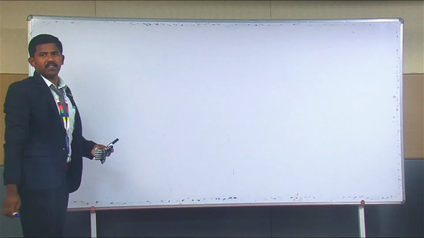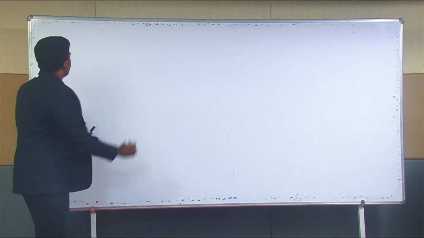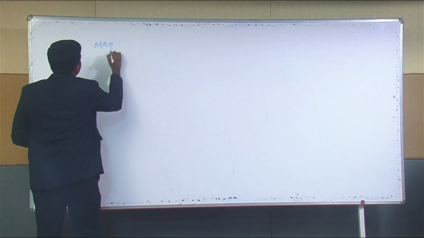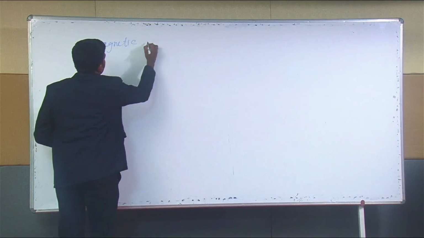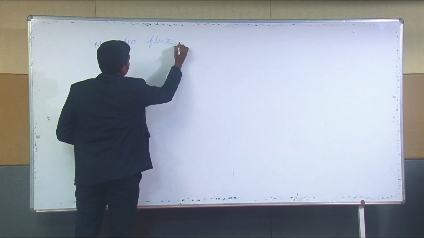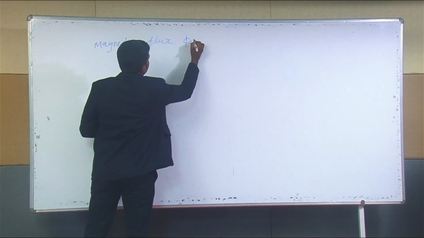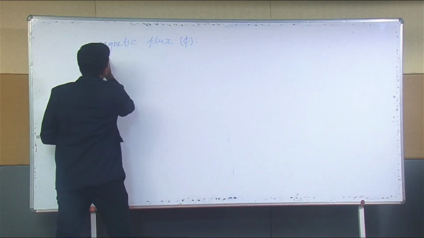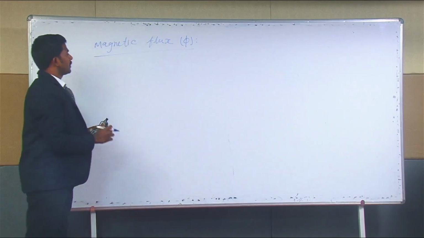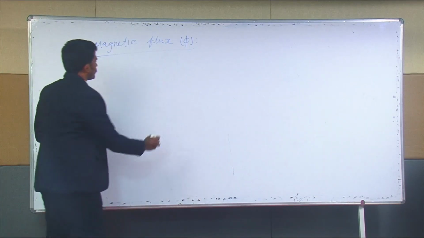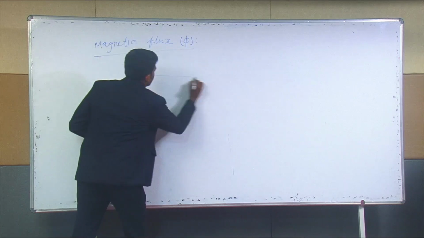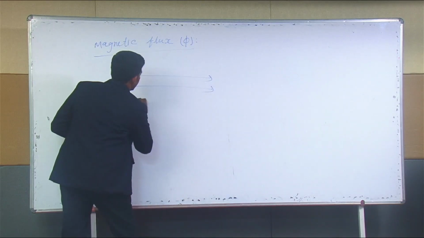Next we will see the magnetic flux. It is usually denoted as phi. So this is a uniform magnetic field.